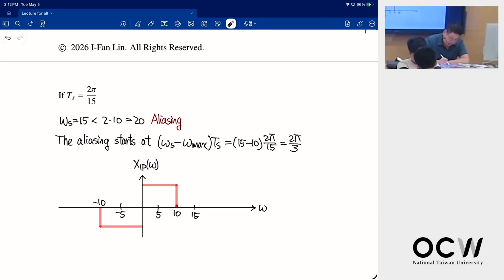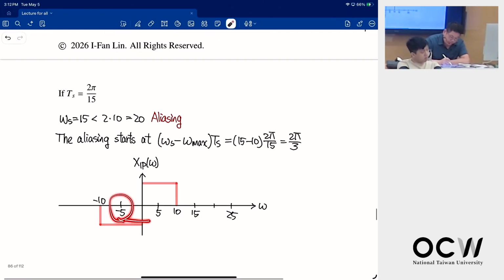So when you shift by 15, this 10 will go to 25. And then your 5 goes to the right by 15. You get 5 here.